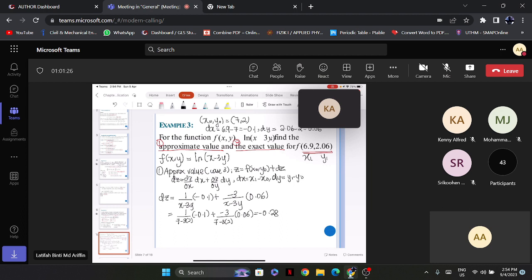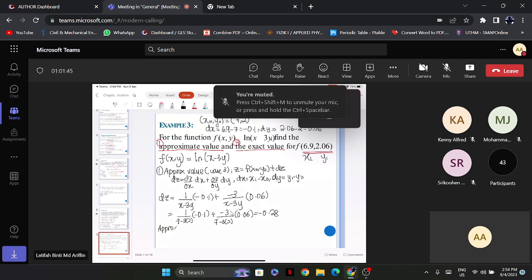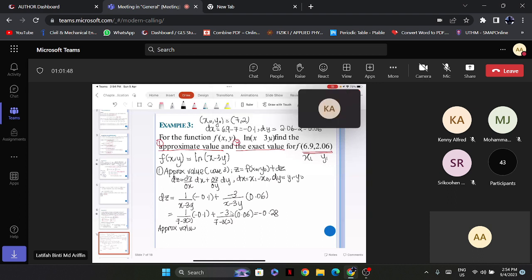We already have dz, and then f(x0, y0), we just substitute the point x0, y0 into our function. So this is our function, we substitute x0, y0 equals 7, 2. So the approximate value is given by ln(7 minus 3 times 2) minus 0.28. You can use the calculator.